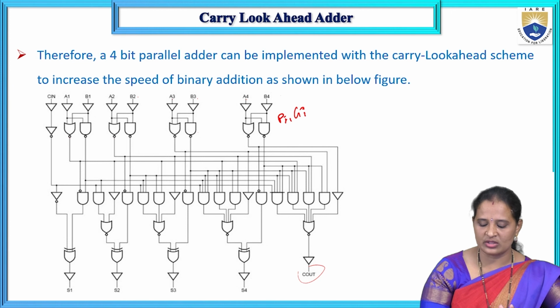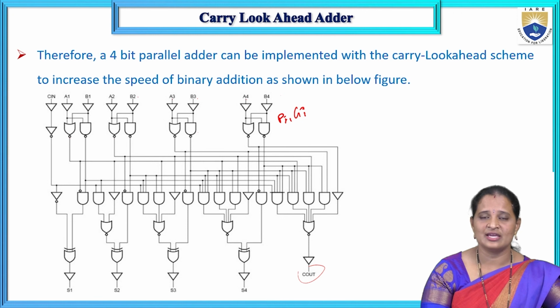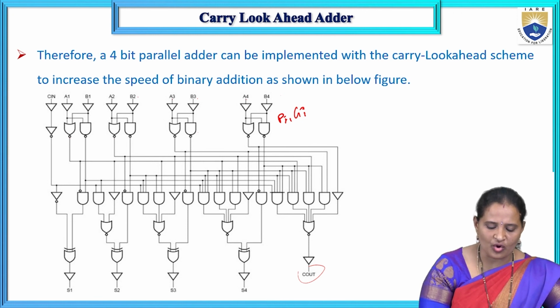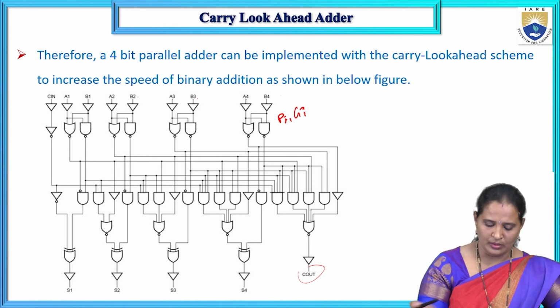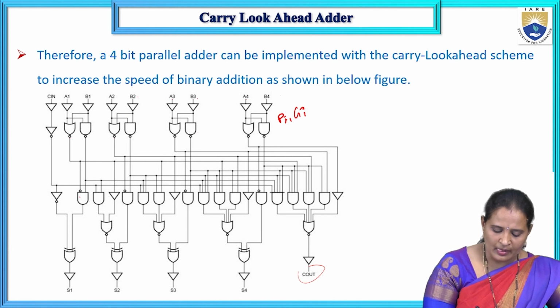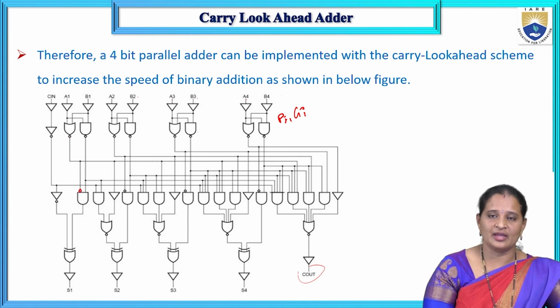And by cascading all the stages, we can have the carry look ahead adder. So this is the carry look ahead adder circuit with carry look ahead scheme which can generate all the 4 carries at a time in case of a 4-bit parallel adder. Here this is inverted. A bubble at the input side indicates that particular input is inverted.